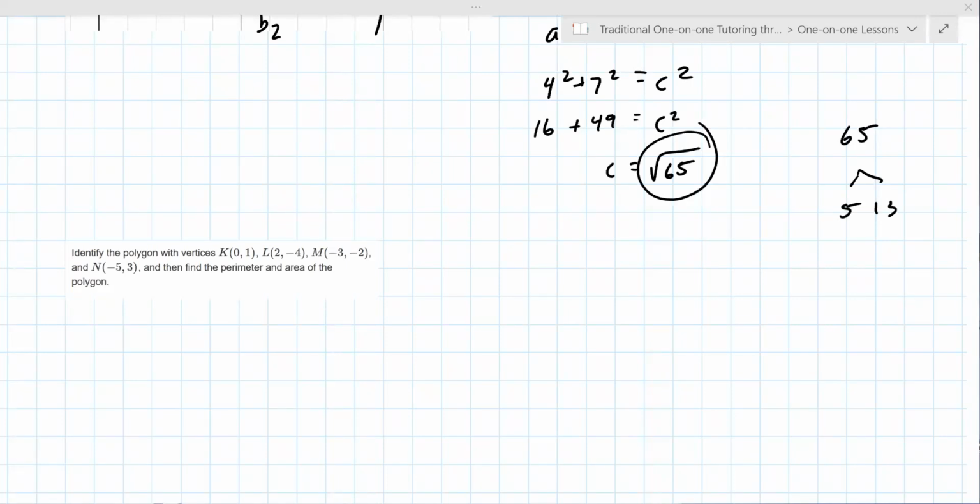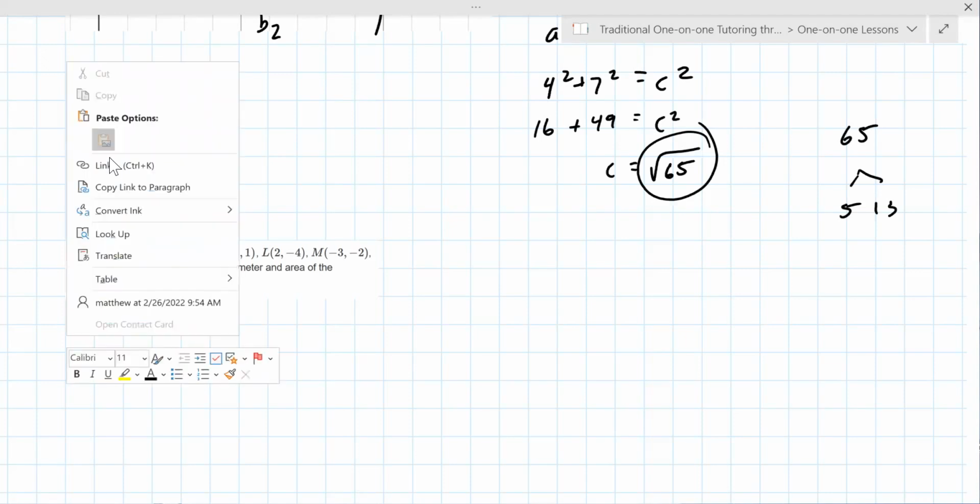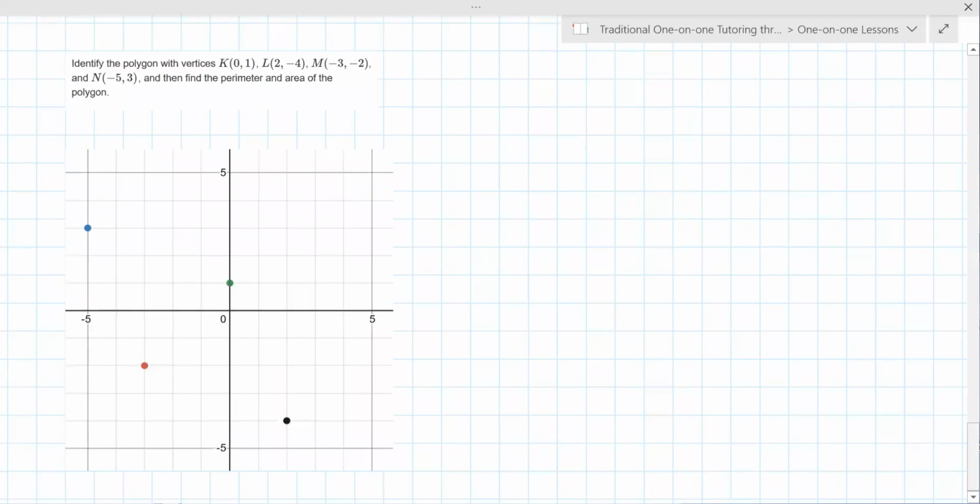I know you can't see it yet. Let me get the snip in. All right, so connecting the dots here, we're connecting that one, that one, that one, and that one, right? Yeah, that's a rhombus.